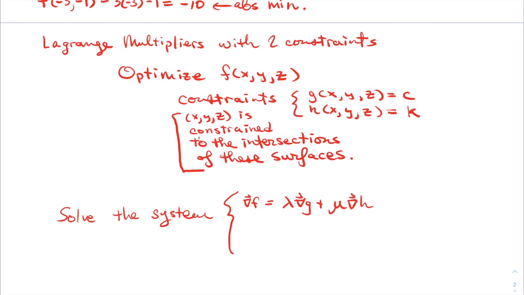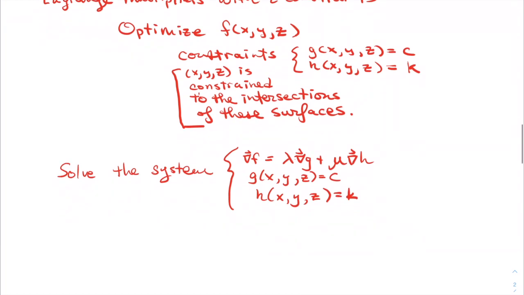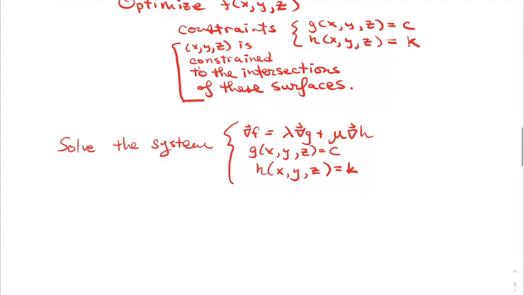If f is a function of three variables, then that's three equations right there, because the gradient vectors have three components. But now there are five unknowns. The other two equations are the constraint surfaces. You just have to solve that system, and that's the Lagrange multiplier method.